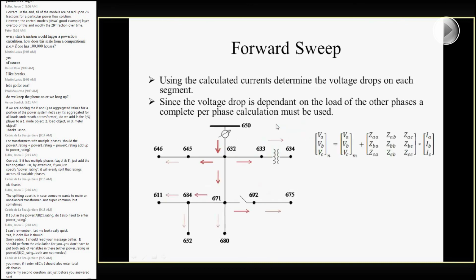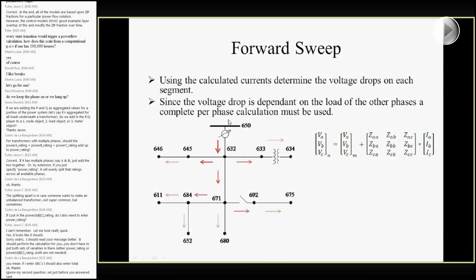And eventually get your overall current injection on the system. And then you turn around and do the forward sweep, which is basically you take those calculated currents at every point on the system and you apply them to the impedance between 2 points of the system. So if there's a line here, you'll have a particular voltage drop associated just with the impedance on that particular line.